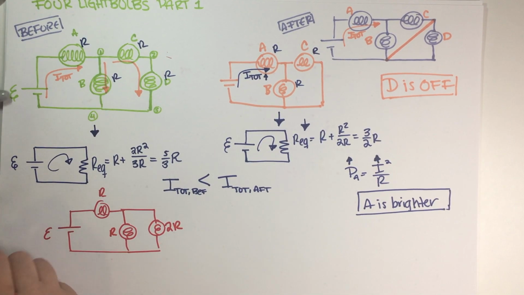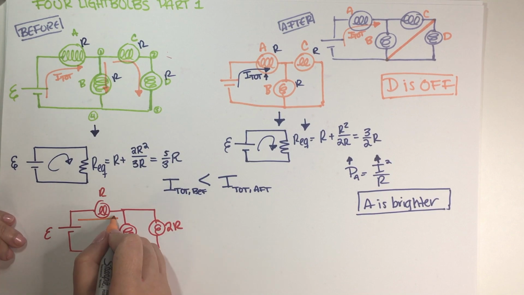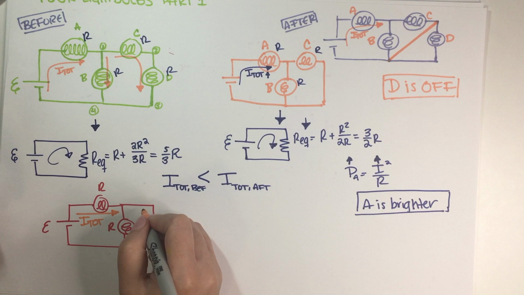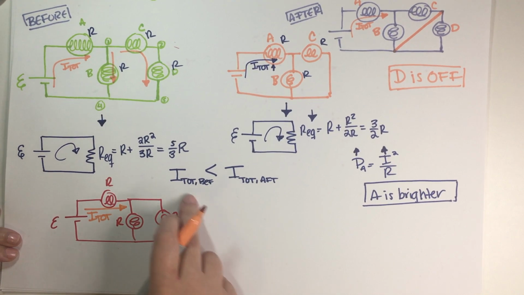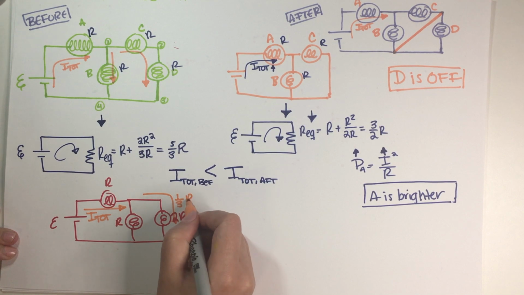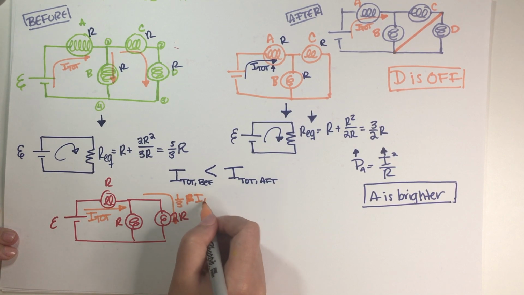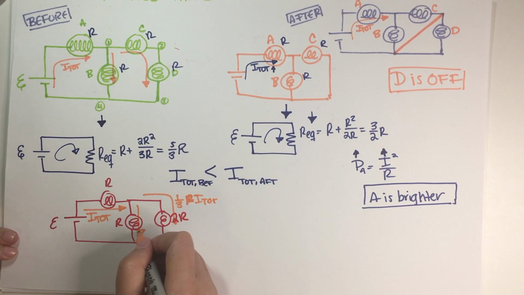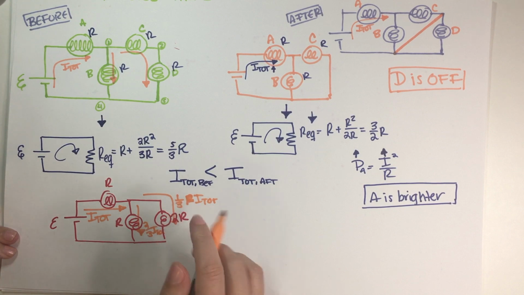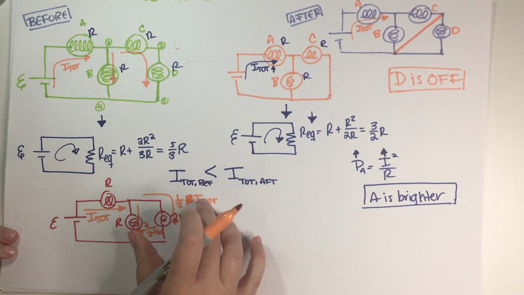So whenever you had your total current over here, your total current would split. Obviously this is the path of more resistance, so this is 1/3 of the total current, and this is 2/3 of the total current, just because the current is always going to split up proportionately.